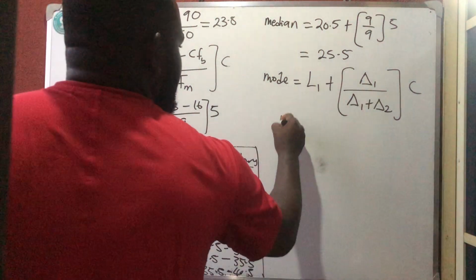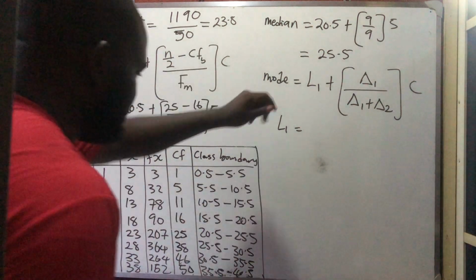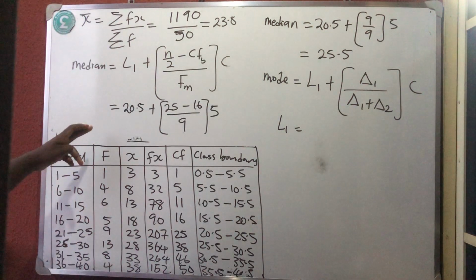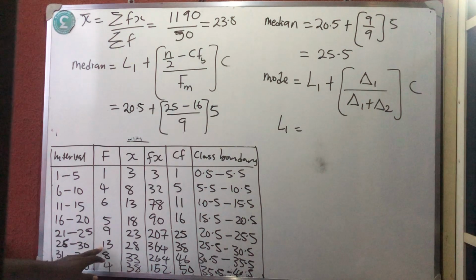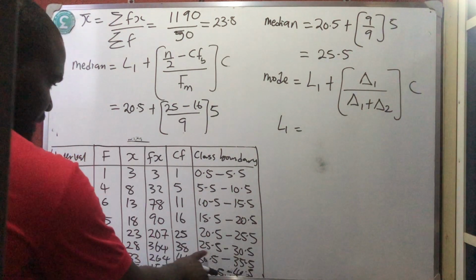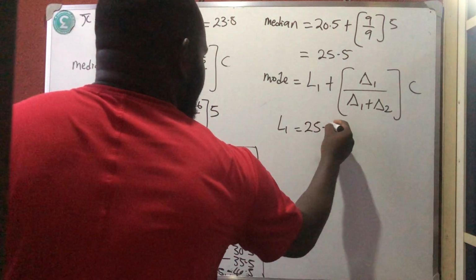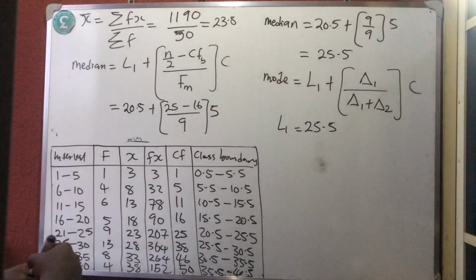Don't forget that L1 is the lower class boundary, not for the median now, but for the mode. So go now into the frequency. Which one is the highest frequency here? 13. 13 is the highest frequency, and the lower class boundary of 13 is 25.5. So my L1 here is 25.5.